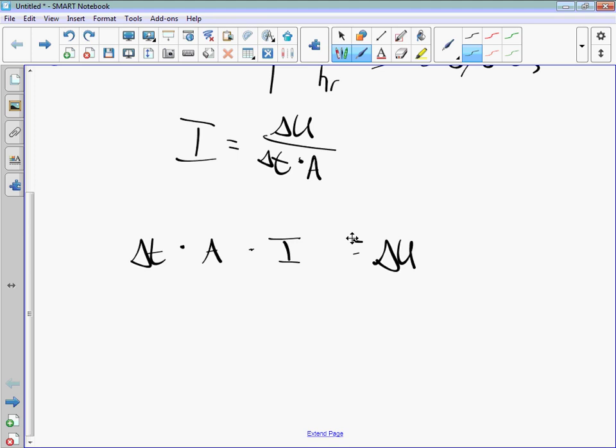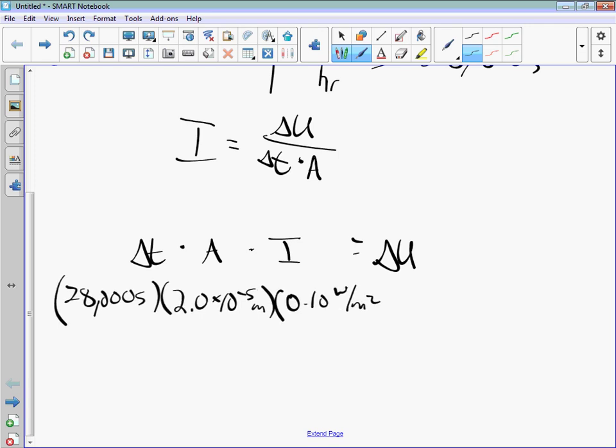Now it's just plugging the values in. 28,000 seconds times an area of 2.0 times 10 to the negative 5th meters squared times an intensity of 0.10 watts per meter squared is going to give us our change in energy.